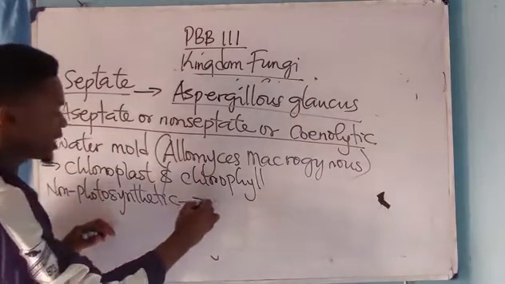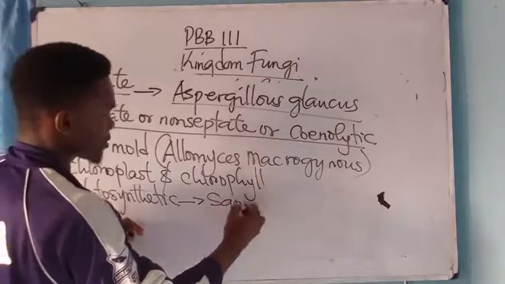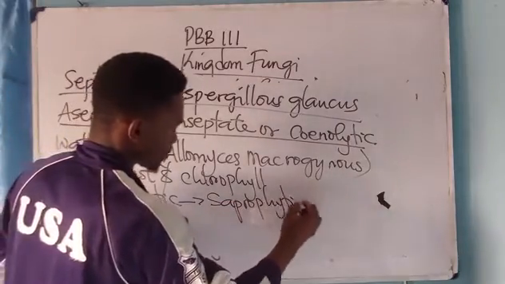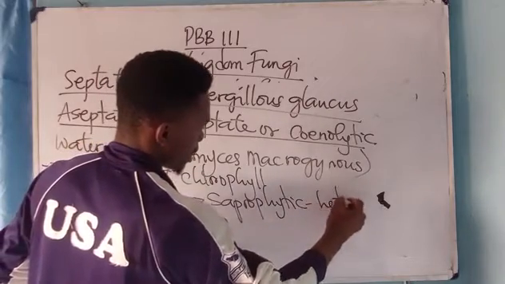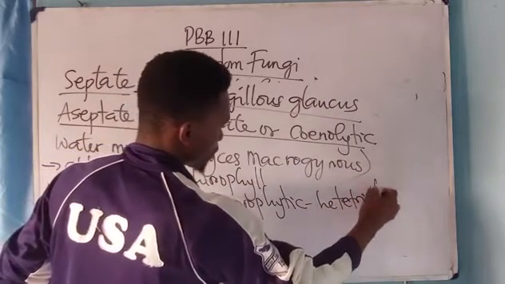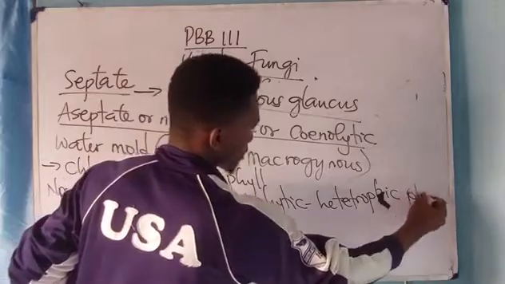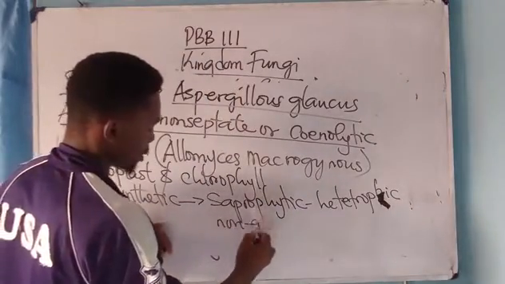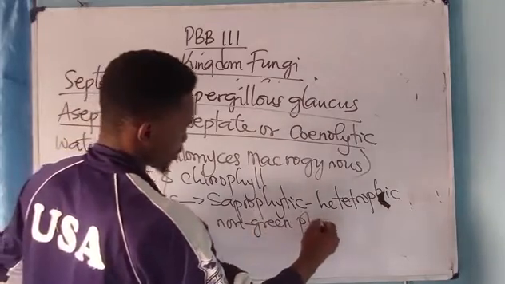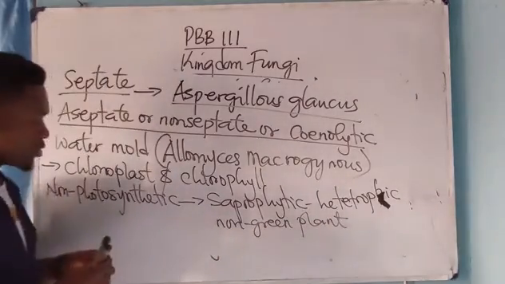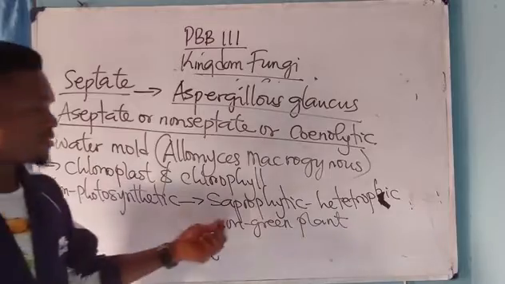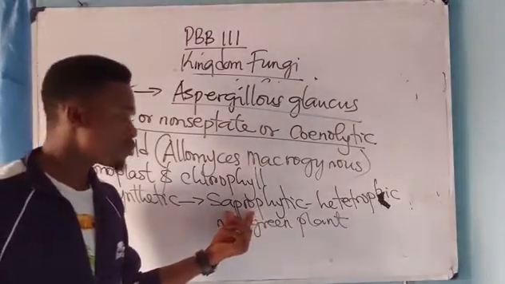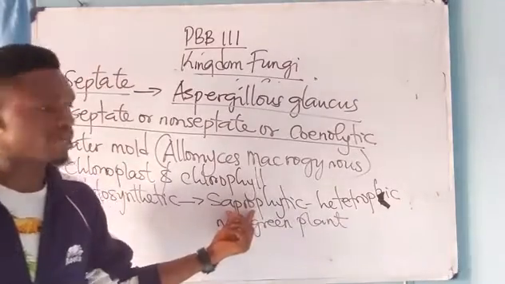And they are called saprophytes, or saprophytic heterotrophic plants. Non-green plants rather. Non-green plants. Alright? They are called saprophytic organisms because they are found growing on dead and decaying organic matter.